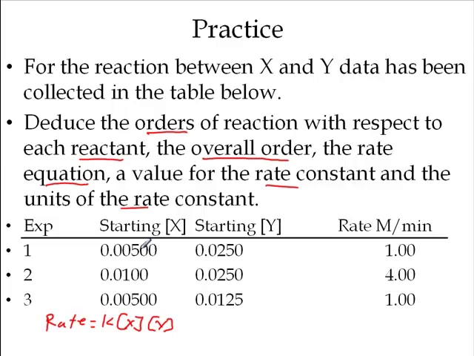So we want X to change, and right there you can see that it changes. It basically doubles, right? And we want this one to stay the same, because again, that takes the variable out of it. Now, instead of doing all the math, let's just think of it this way. This stays the same, so that gets that out of there. So basically, if I look at this, 0.005 to 0.10, that's doubling, right? Now look at this. 1 is going to 4.